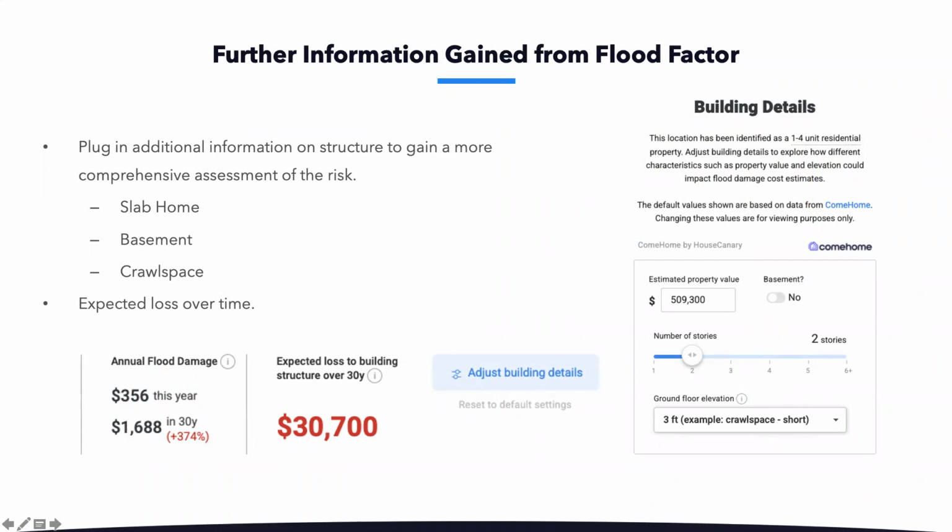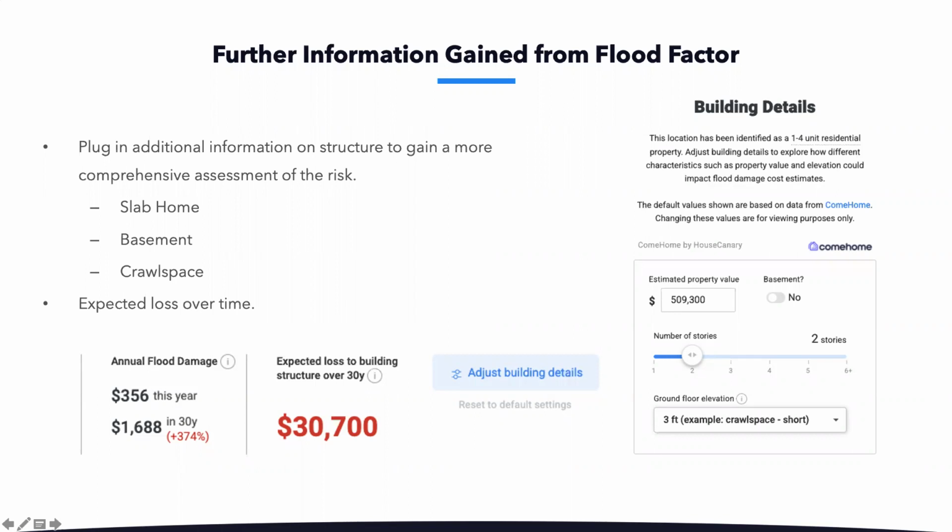You put all this into their little calculator to determine what you could reasonably expect to pay in flood damage over time. For this particular property, over the course of 30 years, it is estimating that this home buyer should expect to pay at least $30,000 in potential flood damage.